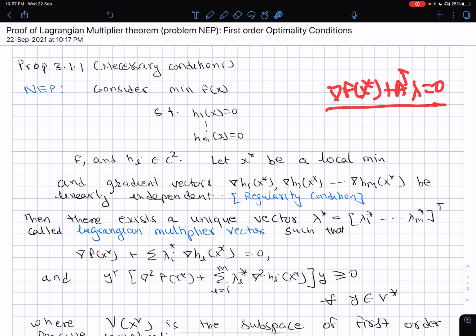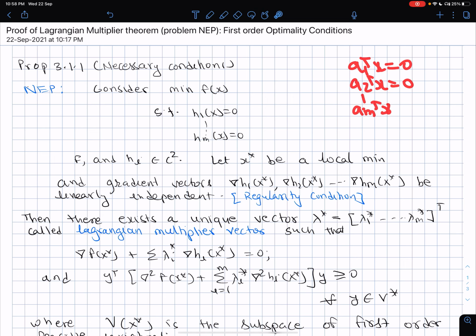So what we are now considering is a generalization of this. Now the A transpose matrix is essentially the matrix of the gradient of the first equality constraint, second equality constraint, and then the last equality constraint.